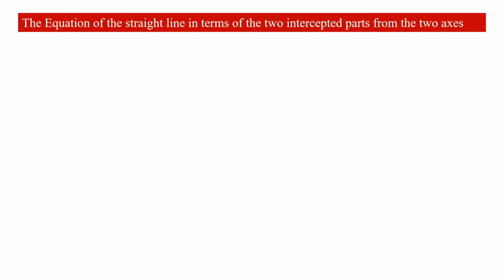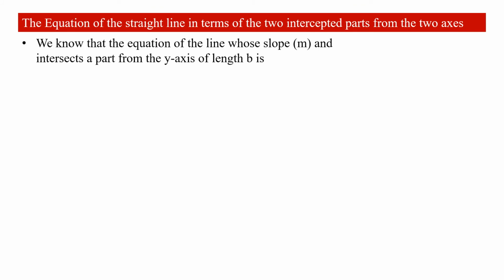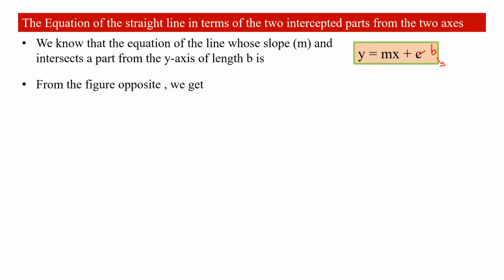The equation of a straight line in terms of the two intercepted parts from the two axes. We know that the equation of the straight line whose slope is m and whose intercepted part from the y-axis has length b is y equals mx plus b, where b represents the intercepted part of the y-axis.